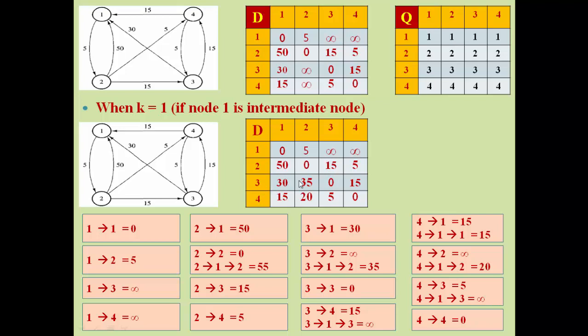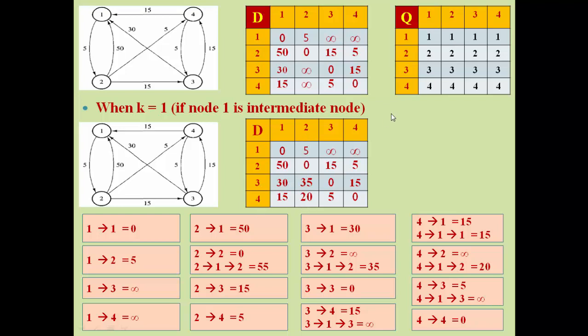But in the third row there is a change. In the third row, second column, the value is 35 when we consider 1 as an intermediate node, and before that it was the sentinel symbol. And in the fourth row, second column, again it is 20 when we consider 1 as an intermediate node, and before that it was the sentinel symbol. So in both these cases there is a change when we consider 1 as an intermediate node: third row and second column, and fourth row and second column.